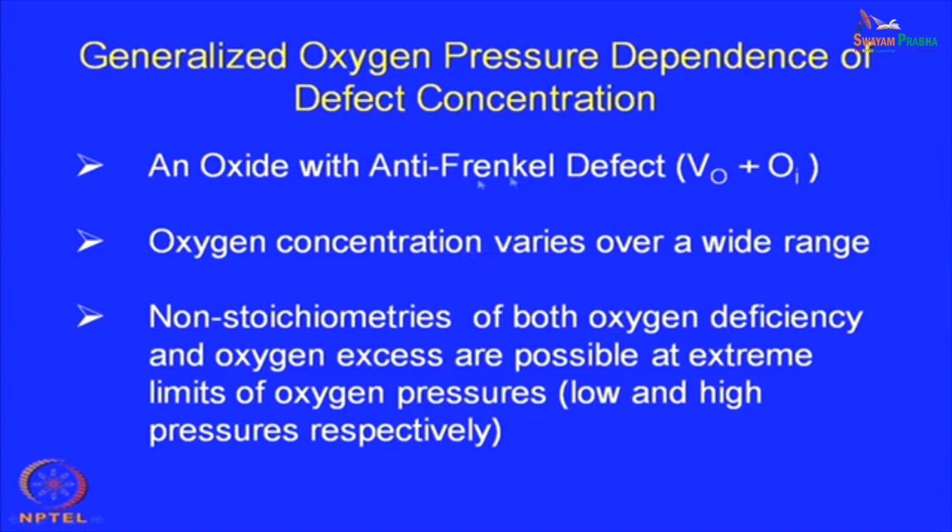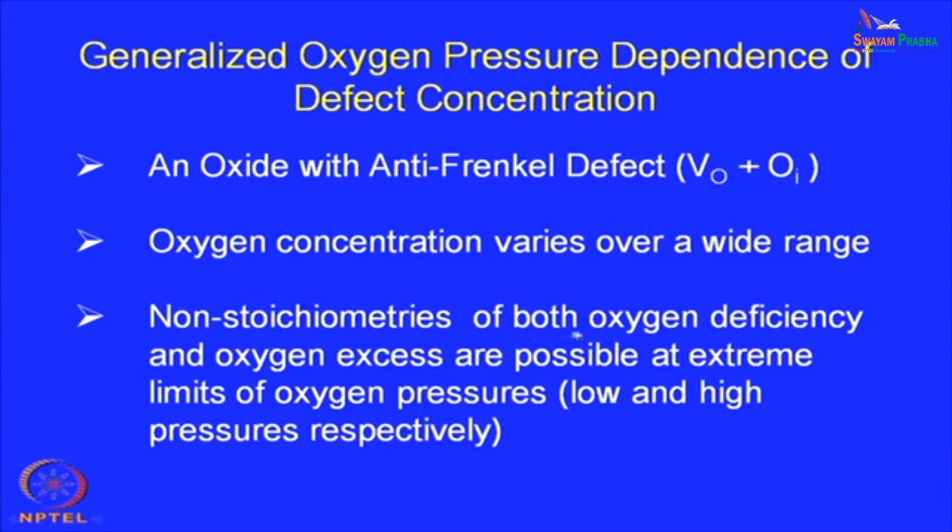Now, that is one of our assumptions. Oxygen concentration varies over a wide range. We do not know exactly what the oxygen pressure range is, but we are saying it varies over a very wide range. We do not know what exactly that is, but we will see when we come to the final results.